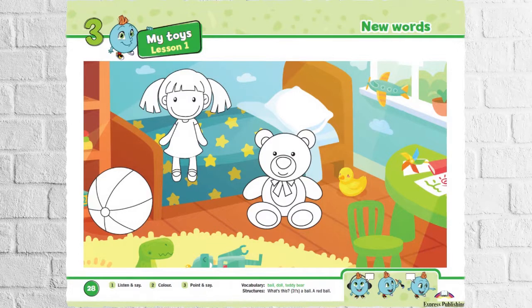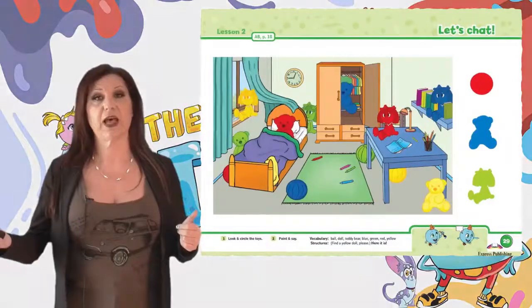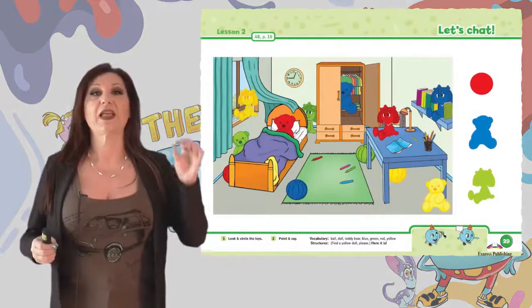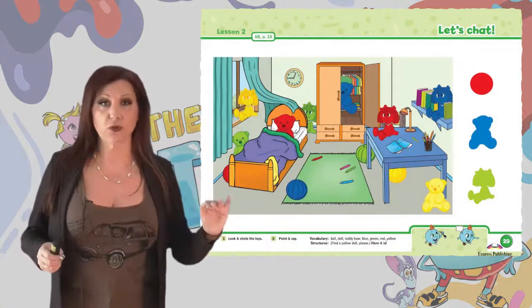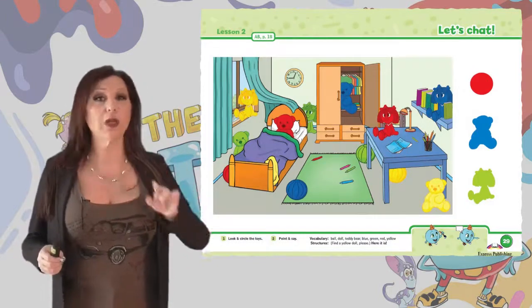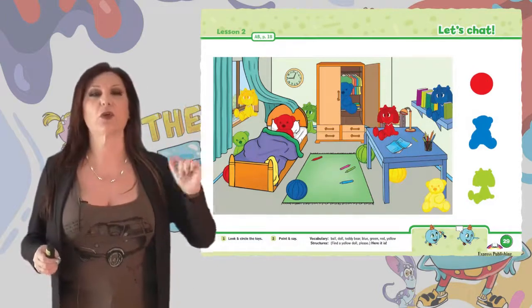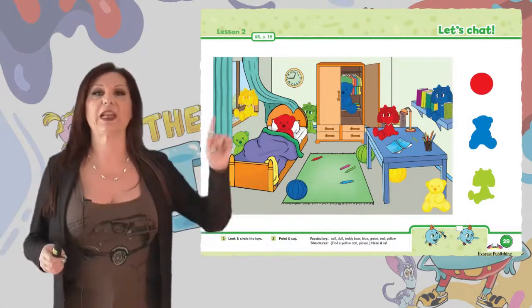This is lesson 1. And on the right-hand side, we have lesson 2. In lesson 2, there is no new vocabulary. Lesson 2 consolidates and practices the words that the students learned in lesson 1.